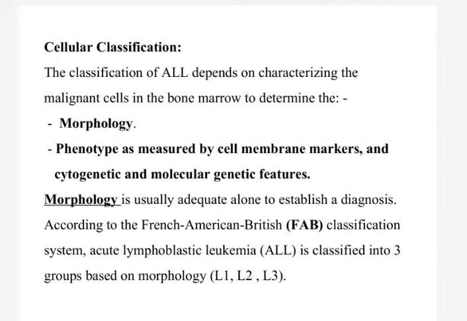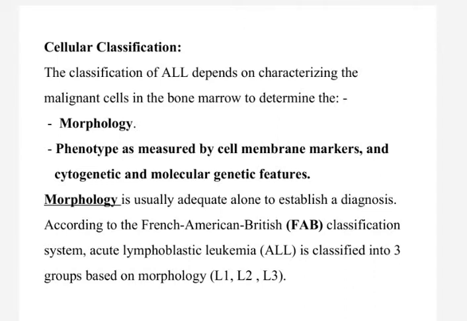In the bone marrow, there are many studies done to diagnose the type of leukemia: from the morphology of the cells, phenotype is studied as measured by the cell membrane marker and cytogenetic and molecular genetic features of these cells.